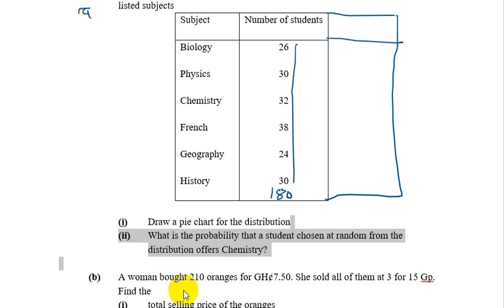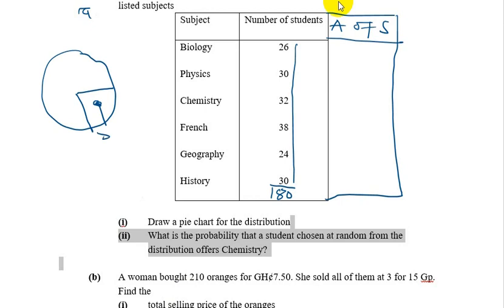Now we will find something called angle of sector. Because if I have a circle and I have a radius like this and like that, this column here is called a sector. So we are finding the angle of sector for all these figures, because that is what we will use to draw the pie chart. Are you okay?